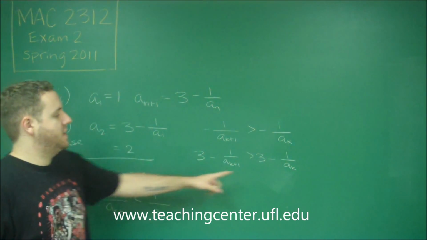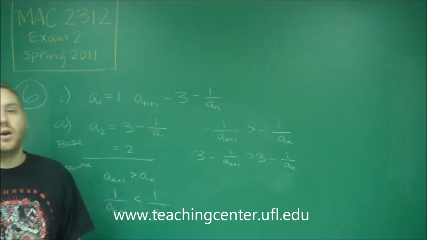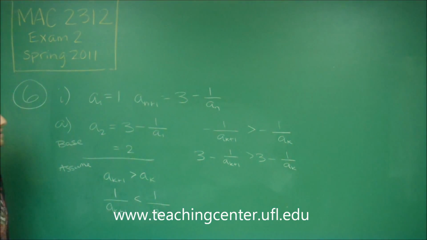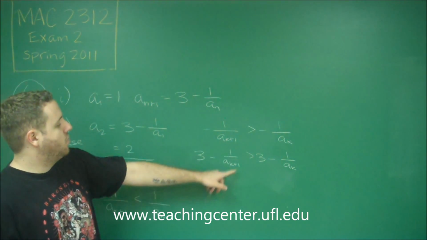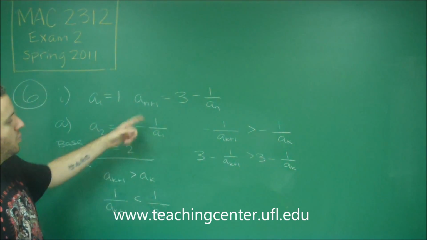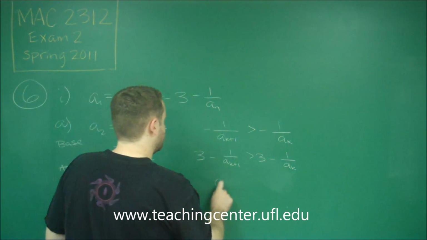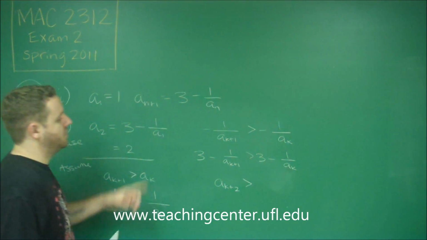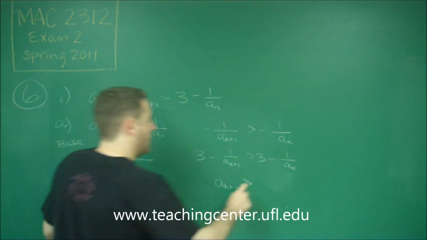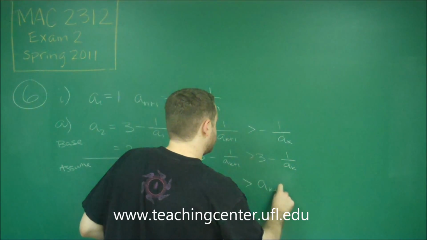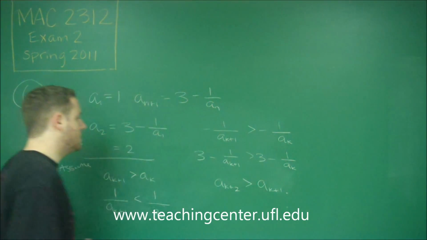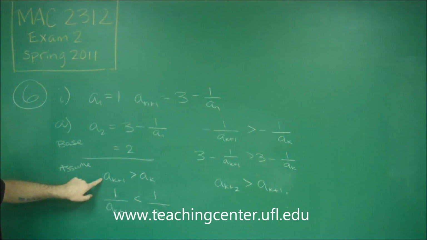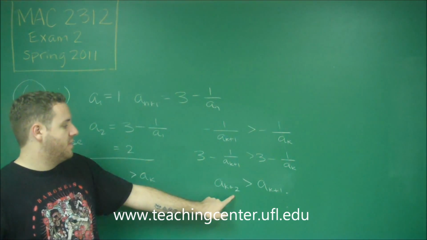So now we've got two things that are exactly in the form of our recursive definition. 3 minus 1 over a sub k plus 1 would be a sub k plus 2. And 3 minus 1 over a sub k would be a sub k plus 1. So we can see here that assuming this, we get that this is true.